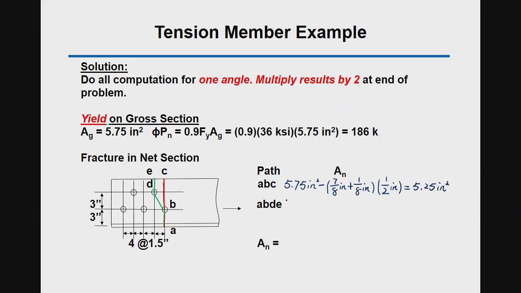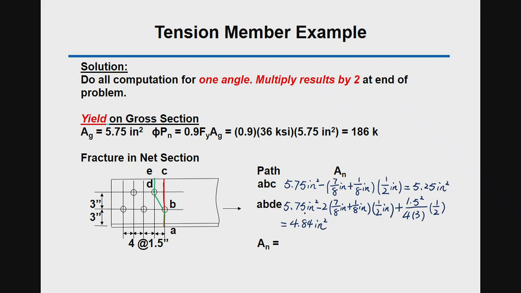So the net area for the path ABDE would be equal to 5.75 square inches minus the number of holes, 2, times the area of the hole, 7/8 inches plus 1/8 inches times the thickness, 1/2 inch, and then plus the zigzag term, which is 1.5 squared divided by 4 times 3 inches, times the thickness, which equals 4.84 square inches.